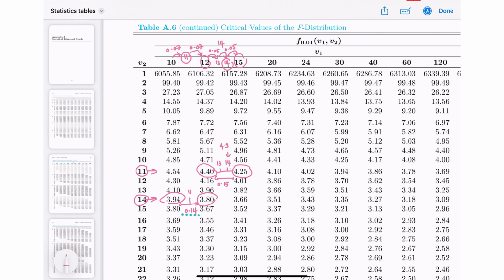So we can do either 3.94 minus 0.07 or 3.8 plus 0.07. So 3.8 plus 0.07 gives 3.87. For 11 we have 3.87.